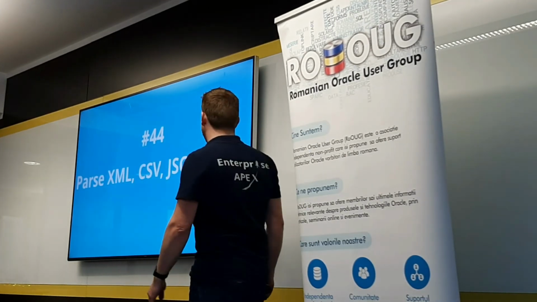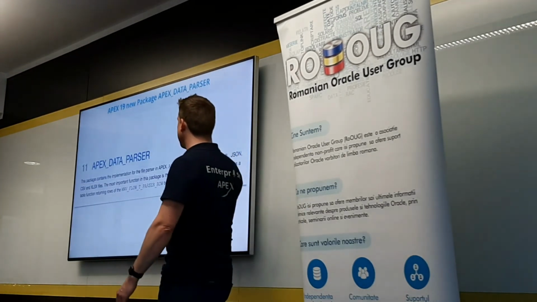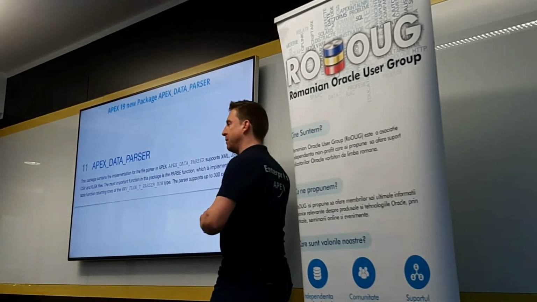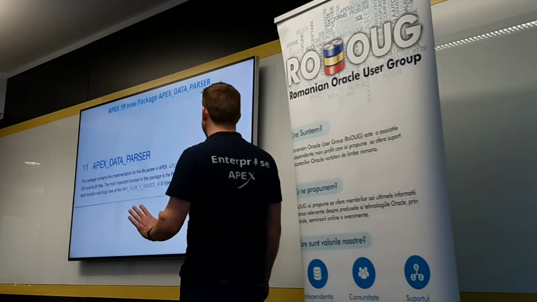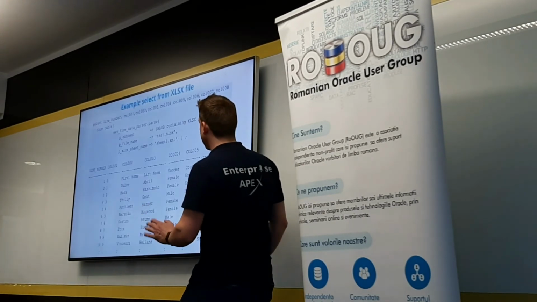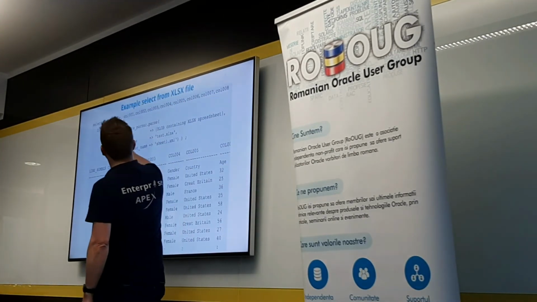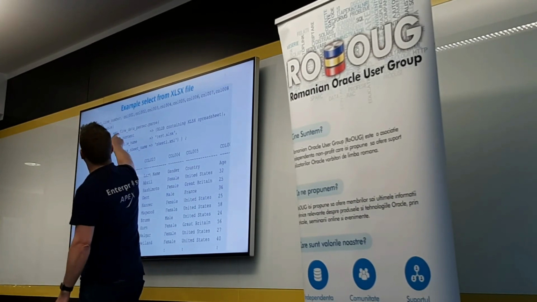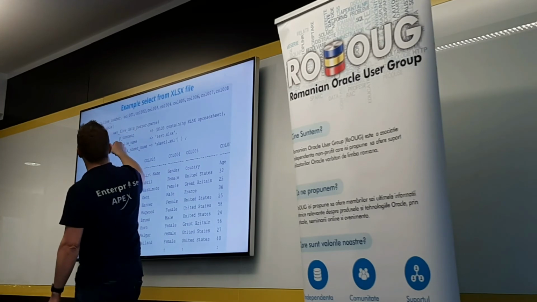Karsten's topic. There's that awesome new Apex data parser API. Look at it, use it. It makes your life so much easier. You can do stuff like, hey, select stuff from, and forget the flow thing here that should read apex_data_parser.